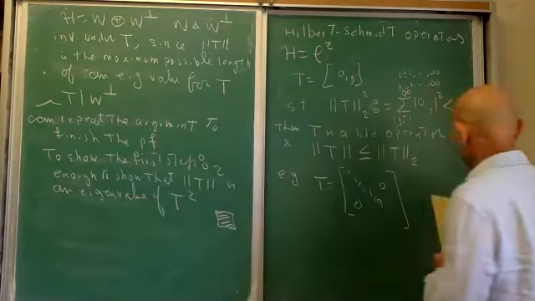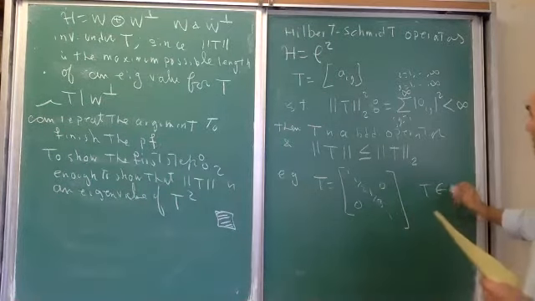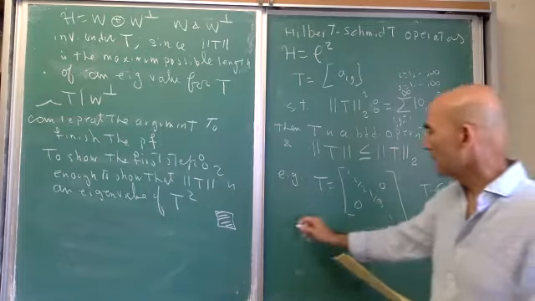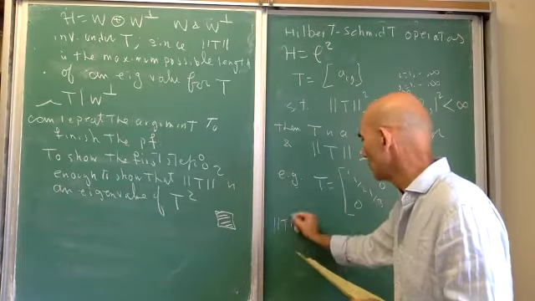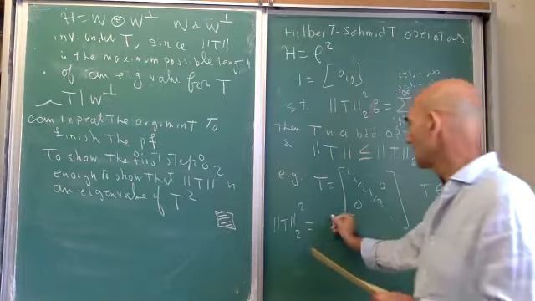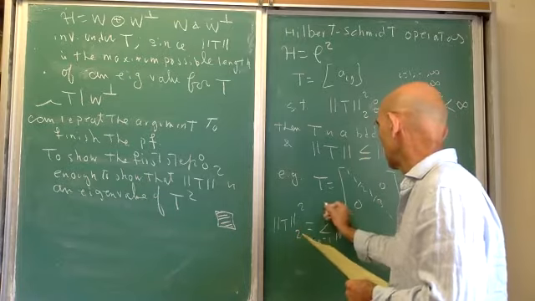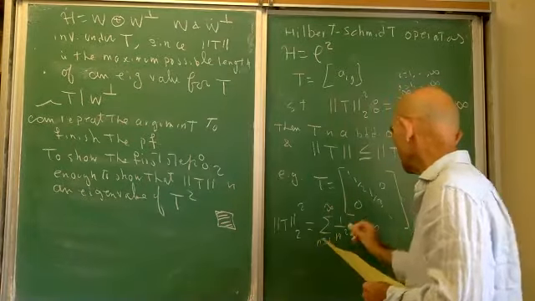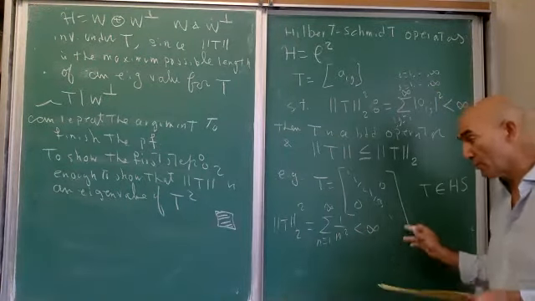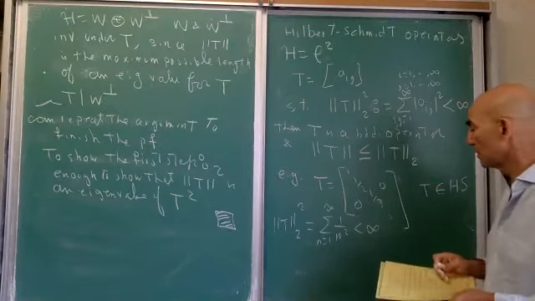Then this T belongs to Hilbert-Schmidt, right? Because the norm squared of T is the sum of 1 over n squared, which is less than infinity. So this is a compact operator, as we know. It's also a Hilbert-Schmidt operator by this definition.